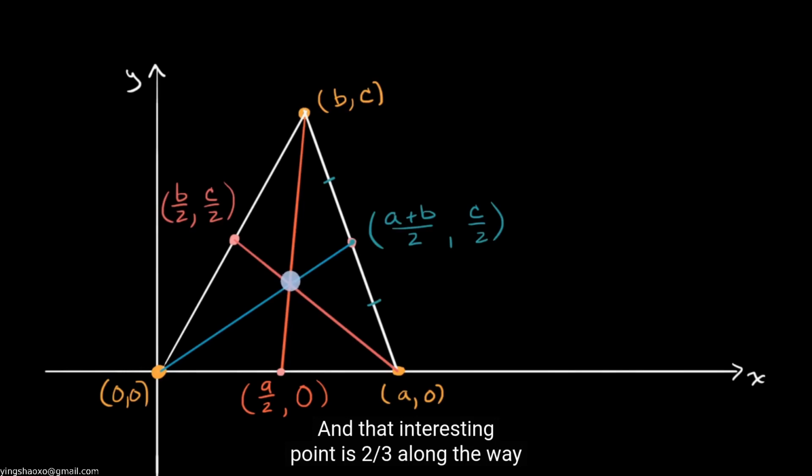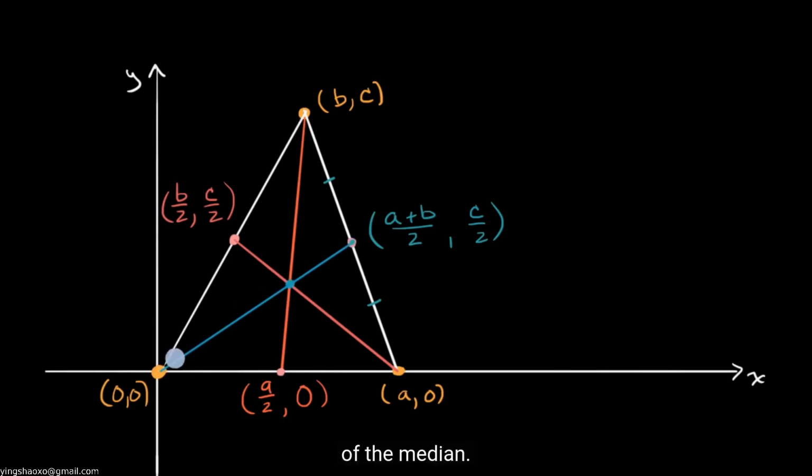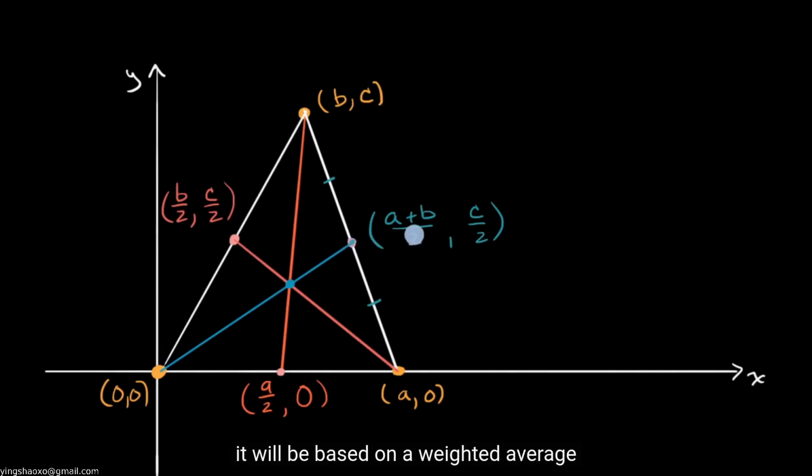And that interesting point is 2/3 along the way of any one of the medians. So one way to think about it is the distance between the vertex and that point is 2/3 of the length of the median. If we just look at this blue median, the coordinate of this point that is twice as far away from the vertex as it is from the opposite side will be based on a weighted average of the x and y coordinates.